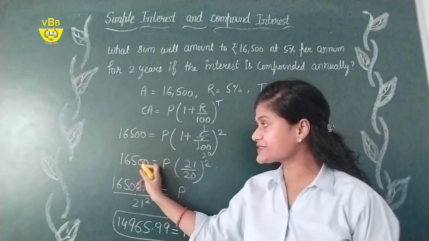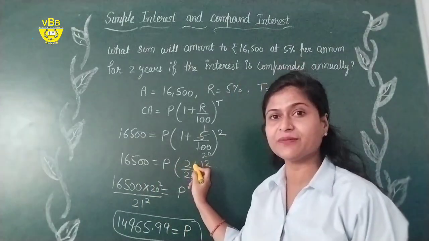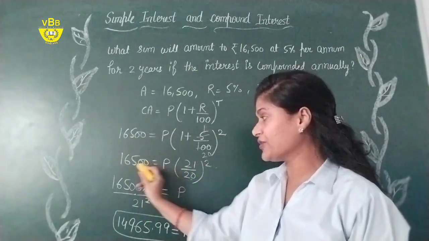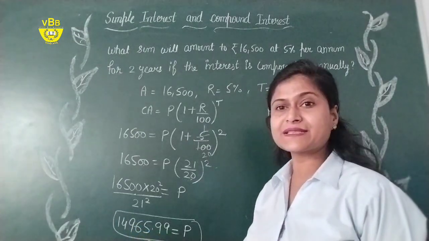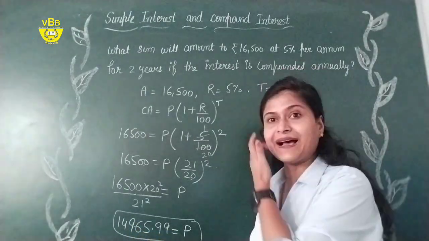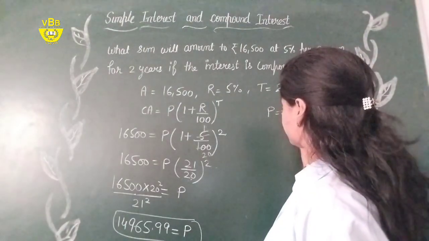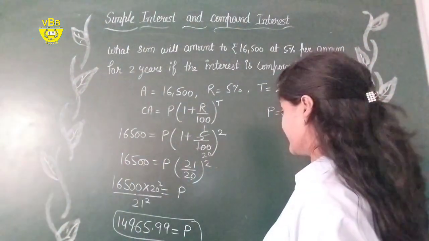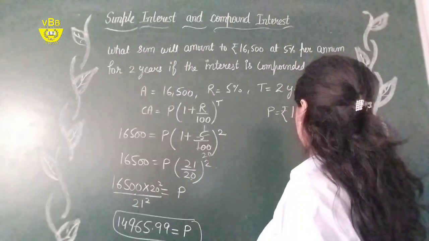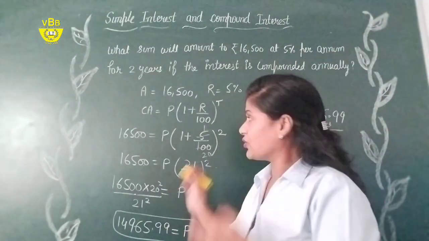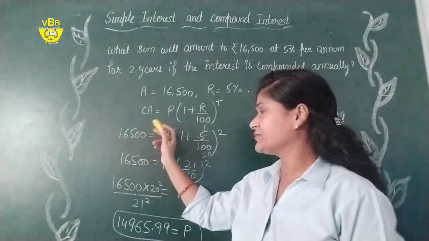When you transpose it, it will be in multiplication, and the multiplication number will be in division. Solving this, you get 14965.99 as the principal. The principal value is 14965.99 rupees.